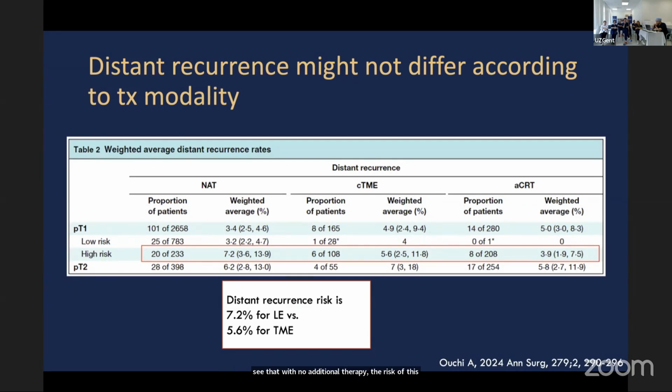Those patients who had a completion TME had like 6%. And those patients who had an adjuvant chemoradiotherapy had 4% distant metastases. So again, the number needed to treat to have 1 to 3% benefit is really high.